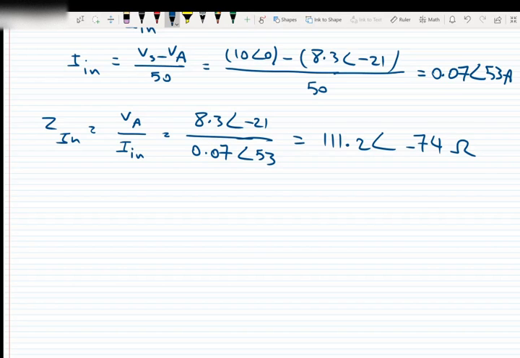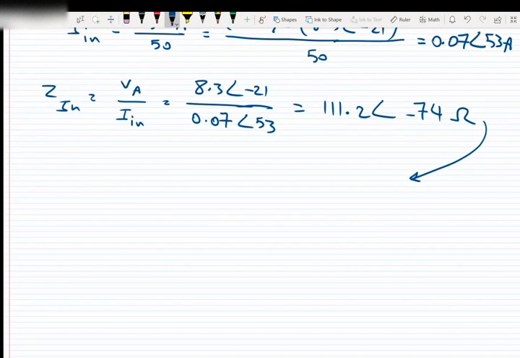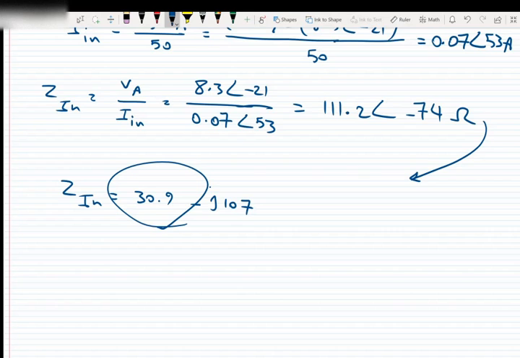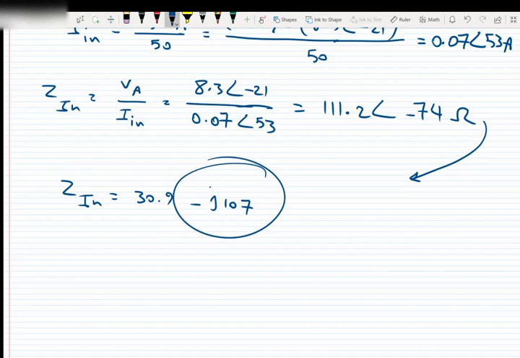We convert it to rectangular form. So Z in will be equal to 30.9 minus J107. It tells us that the resistance part of this impedance is 30.9 ohm, and the reactance part is negative 107, so it is capacitive because the reactance is negative.